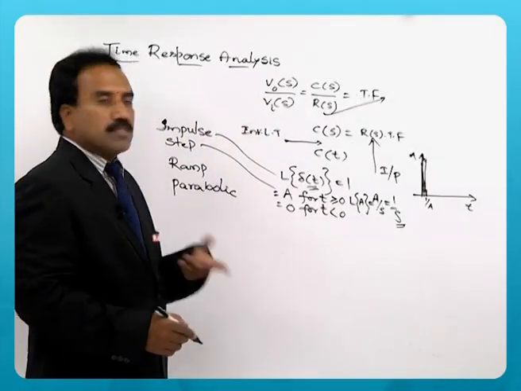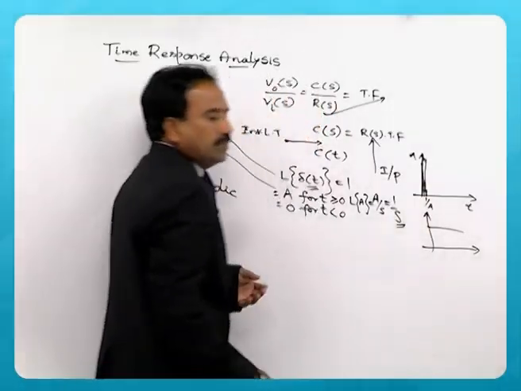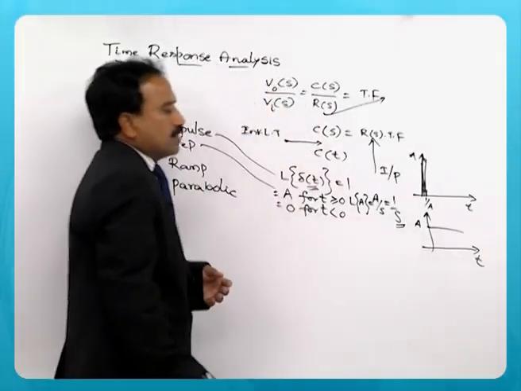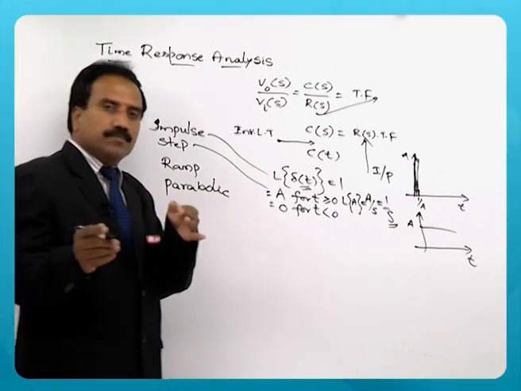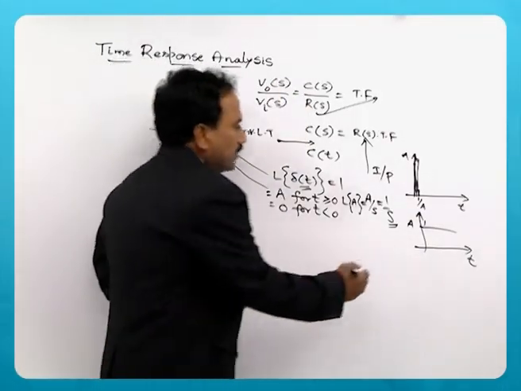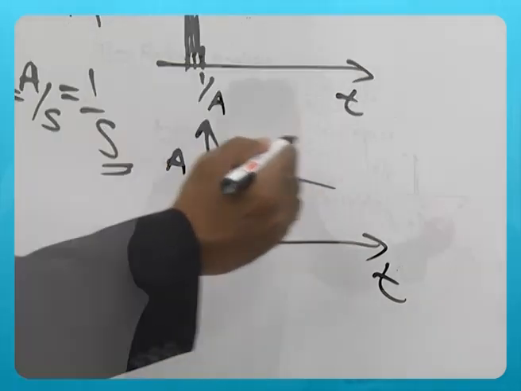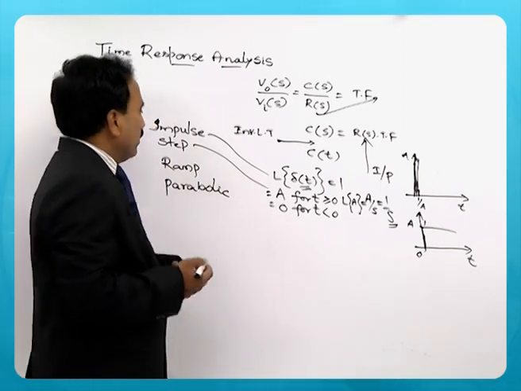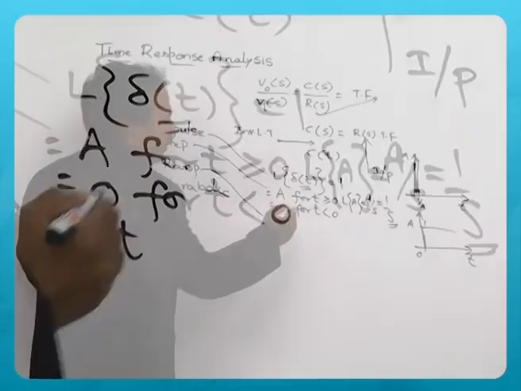Remember, A is some magnitude. The step signal is a sudden change. As a function of time, the step signal is A, a constant magnitude with respect to time, and this is equal to 1 if it is a unit step. So, you can see the signal is there for t greater than or equal to 0 and no signal for t less than 0.